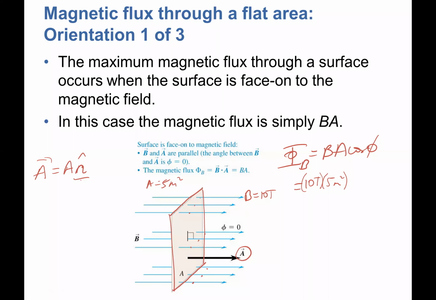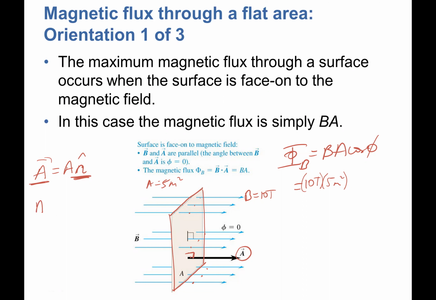N hat is a unit vector that tells you that this particular vector is perpendicular to the area. That means you can see, right, this vector A is perpendicular to the surface, and it's always going to be perpendicular to the surface.